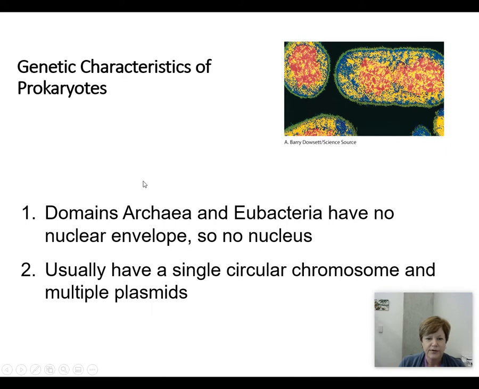Prokaryotes, you may remember, include domains archaea and eubacteria, or sometimes just called bacteria. And those have no nuclear envelope, and that means they have no nucleus. They do have DNA. It's in a region of the cell called the nucleoid region.